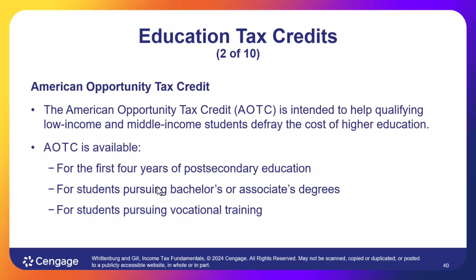So if you are enrolled in undergraduate and it's your first 4 years of post-secondary, so after high school, for students pursuing a bachelor's or associate's degree or vocational training, the AOTC is available.